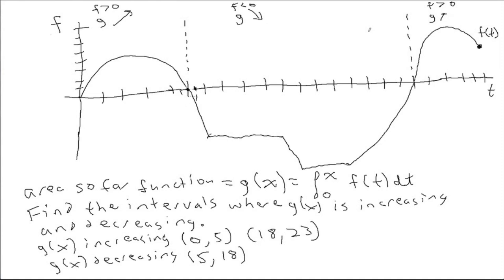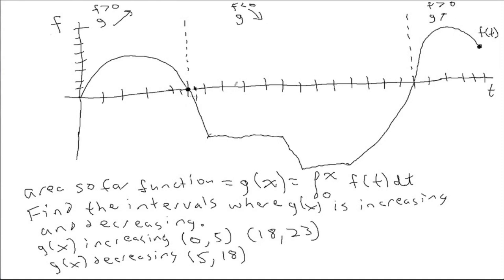Okay, so if G is increasing on this interval and G is decreasing on this interval, what can you tell me about G at this point? Let's say we drew a graph of G. We haven't drawn a graph of G. Is this a graph of G?